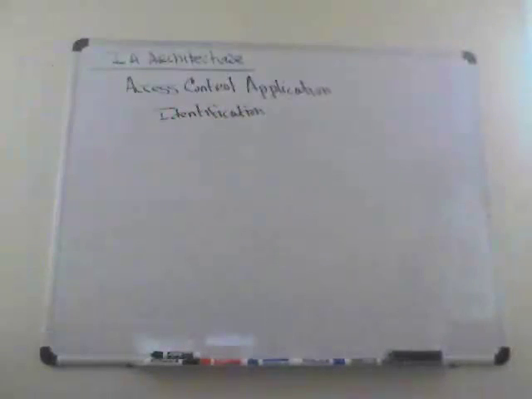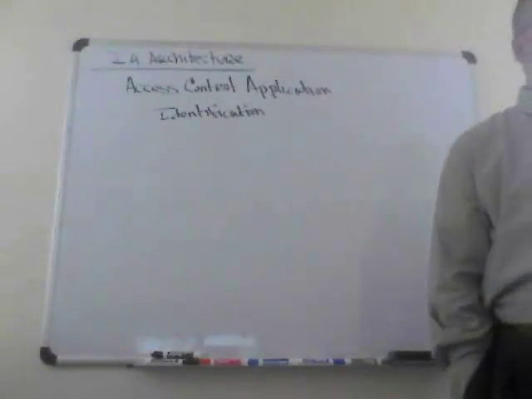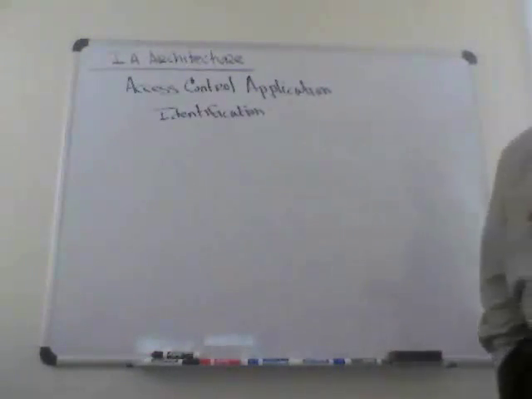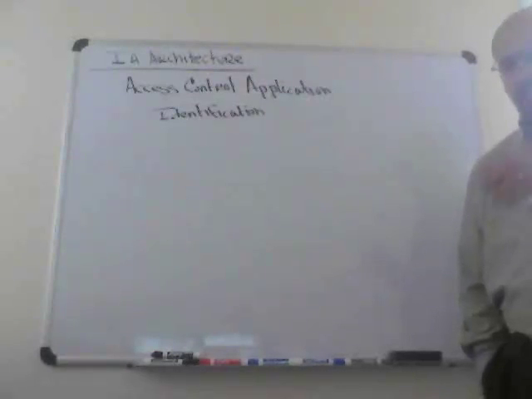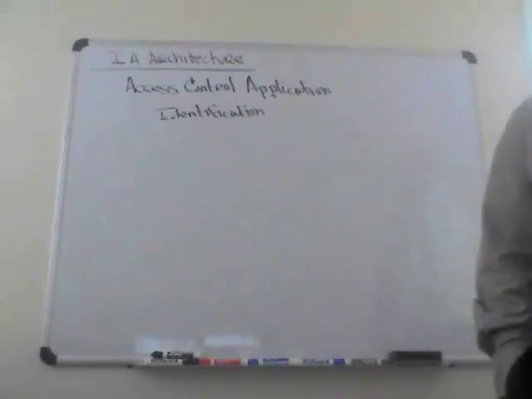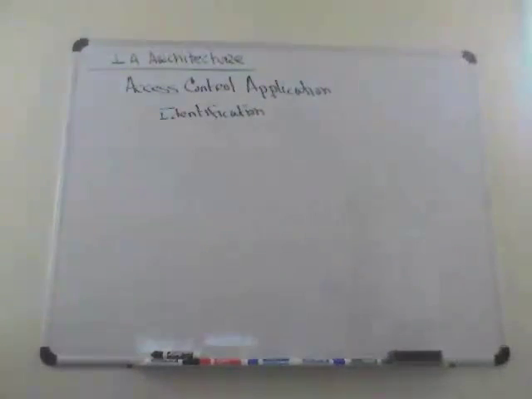With identification, we're talking about obtaining the identity of the entity or individual or user requesting access to a logical or a physical area. Because remember, with defense in depth, we're also concerned about physical security as well as logical security. So the first thing we have to process is identification.